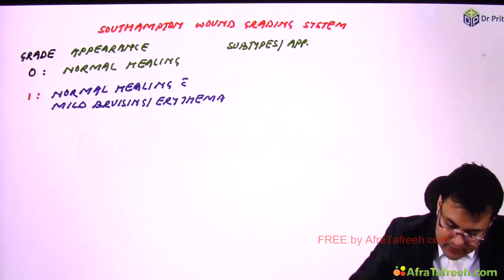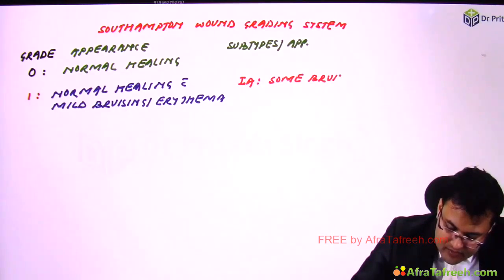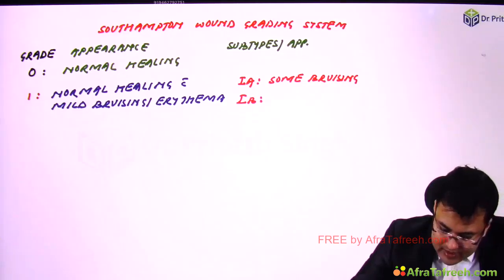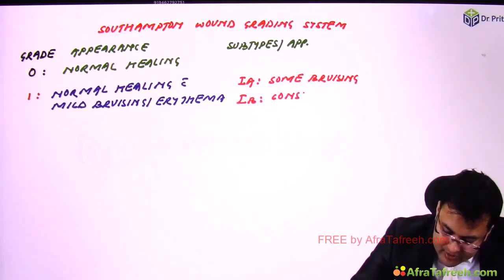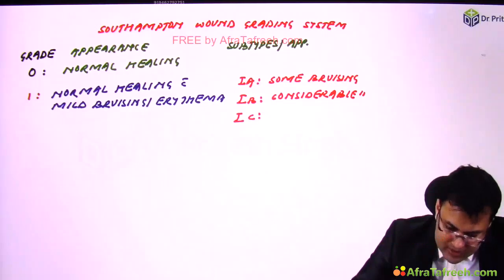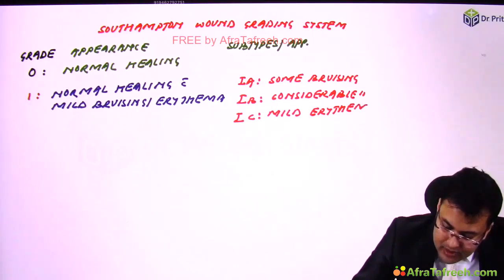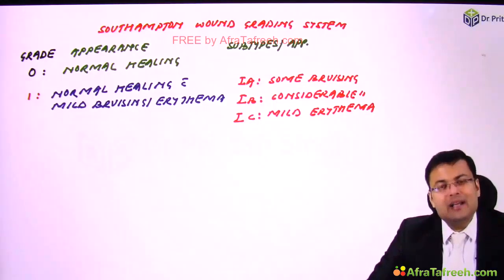See the further division. In 1A, there is some bruising. In 1B, there is considerable bruising. And what happens in 1C? There is mild erythema.